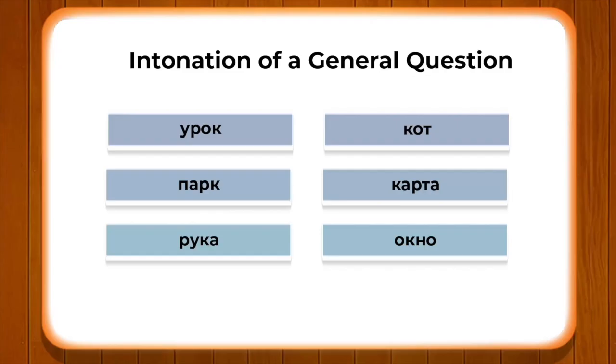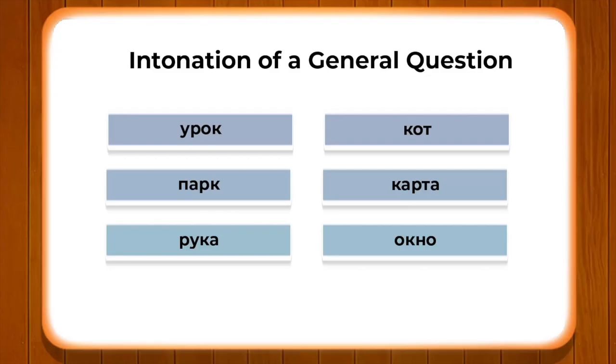Akno: whereas we are starting the word with O, the sound is not okno, it is akno, simply because the stress is falling on the second vowel, and that is why the sound of the first vowel O is changing into A. So, akno, not okno. Okay?